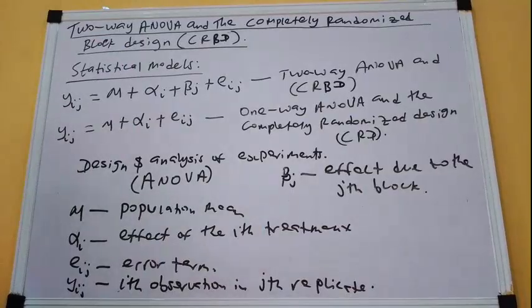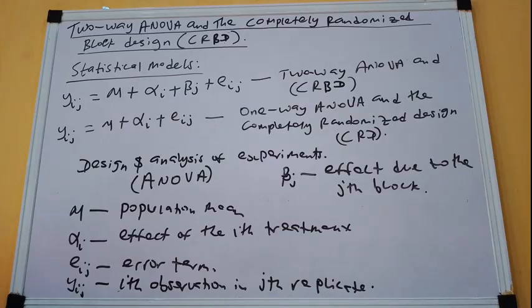So that is what the two-way analysis of variance does, with an additional source of variation called the block. Now, the completely randomized block design is perhaps the most commonly encountered design that can be used as a two-way ANOVA.